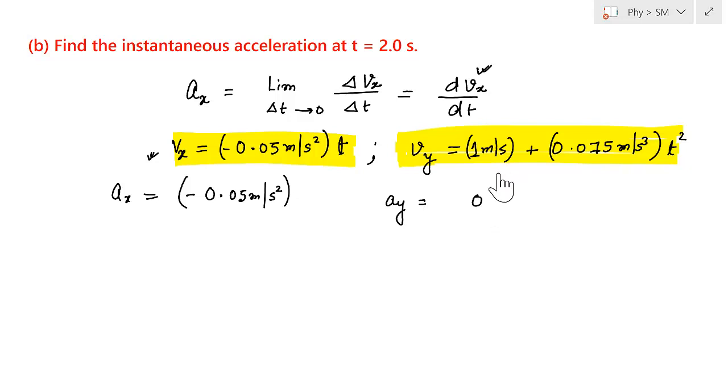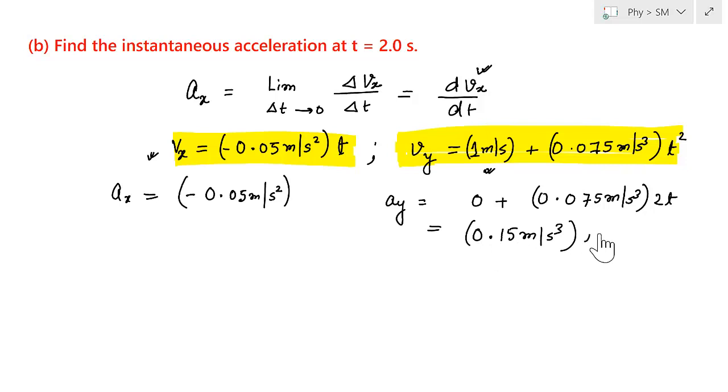Now this is a constant term, differentiation of a constant is 0, and then this will be 0.075 meter per second cube, and t square, the differentiation of t square is simply 2t. So now I can write ay is nothing but 0.15 meter per second cube into time.